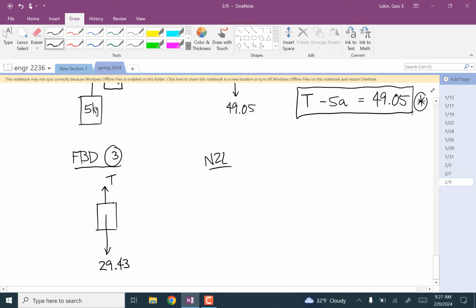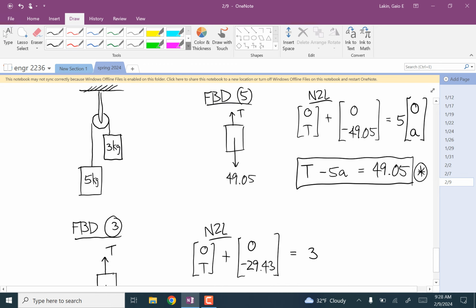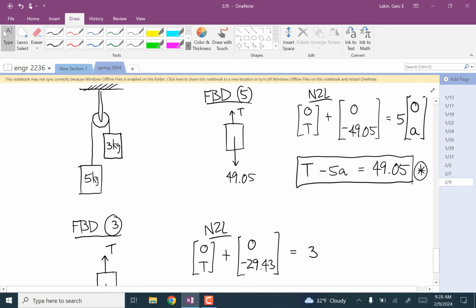So Newton's second law says 0T plus 0, negative 29.43 is equal to 3 times. Now let's think about the acceleration of this one. It's going to be in the y direction. These things are both just moving up and down. And if the 5 kilograms moves an inch in its positive direction, so if it moves an inch up, where is the 3 kilogram going to go?